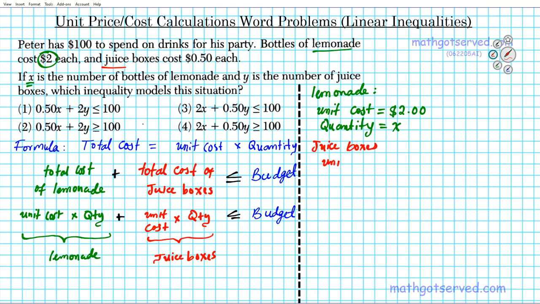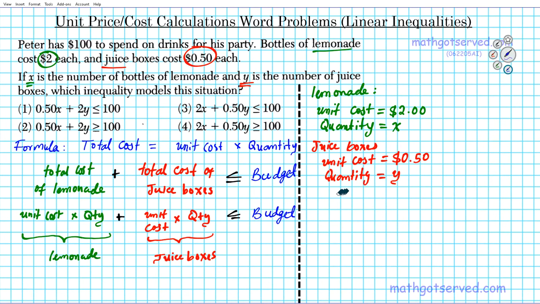How much does each juice box cost? It says juice boxes cost 50 cents each, so that's $0.5. And then the quantity, how many juice boxes were purchased? It says let Y be the number of juice boxes, so that's going to be Y.